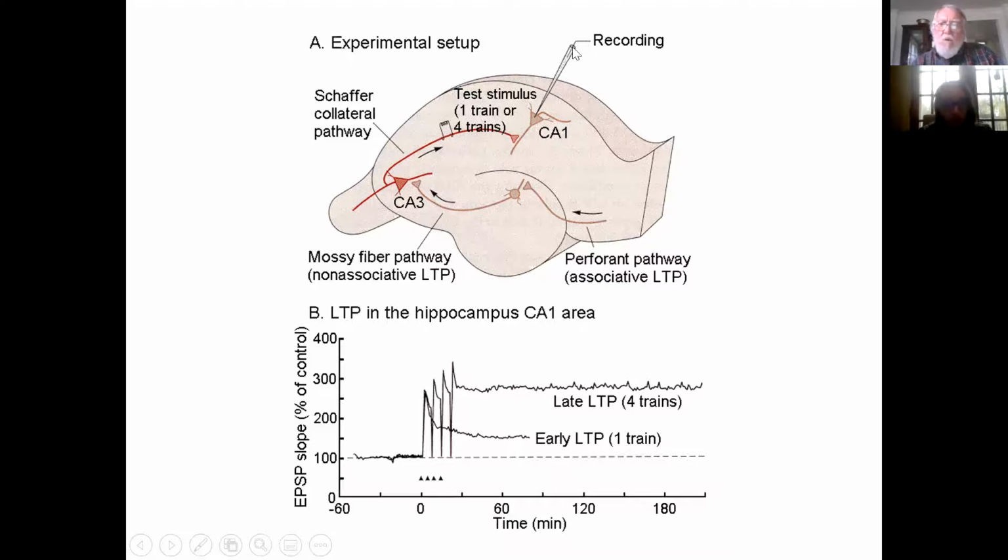So now you're going to be recording from CA1, and you'll either stimulate the perforant path or the Schaffer collateral pathway with trains of stimulation. So here all of a sudden is a burst of stimulation. The very first time you have a burst of stimulation within a group of cells, and you're recording, you of course get this powerful spike of EPSPs, excitatory postsynaptic potentials.